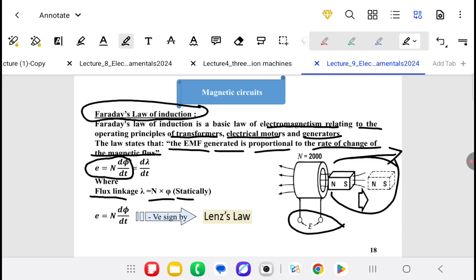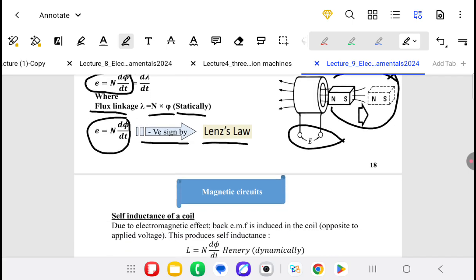Statically, we have E equals n d phi by dt, and we add a negative sign, which is according to Lenz's law, which states that the induced EMF produces a flux and current that oppose the flux producing it.